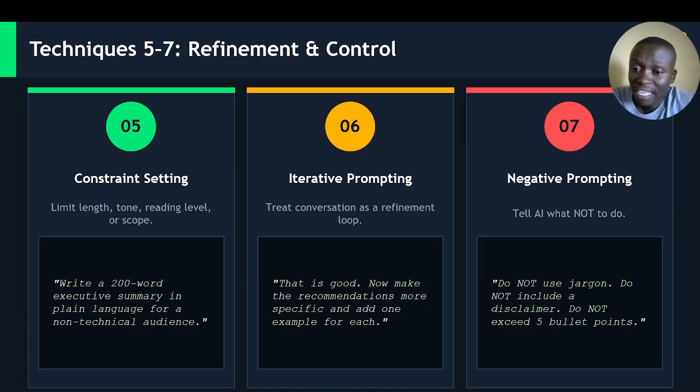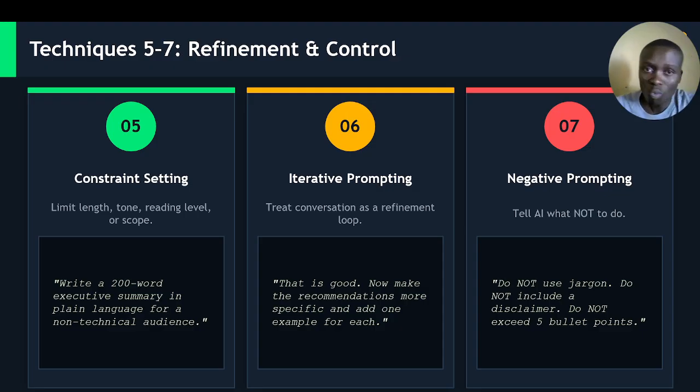Then we have negative prompting. You tell AI what not to do. Maybe you want to write a policy brief, or a presentation for a particular community or group. So you tell AI, look, don't use this type of language, don't use jargon, don't put this in bullet points, don't exceed this number of words.